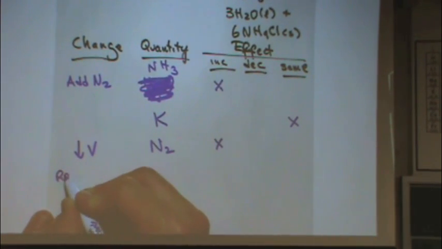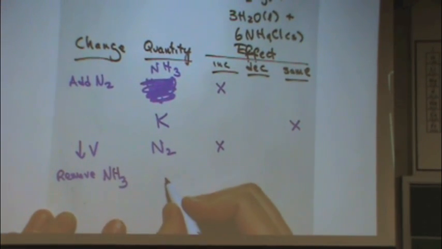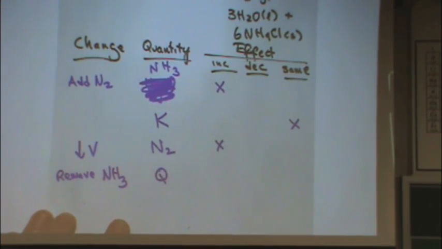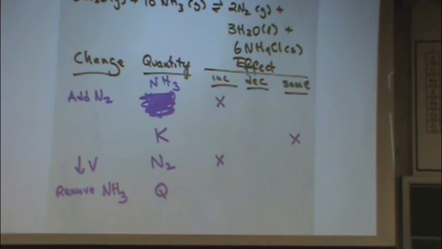I'm going to remove NH3. What is that going to do to Q? Nice, I like this question. I remove NH3, which way is it going to shift? Well, you almost don't even need to think about that. If I remove NH3, what's going to happen to Q?